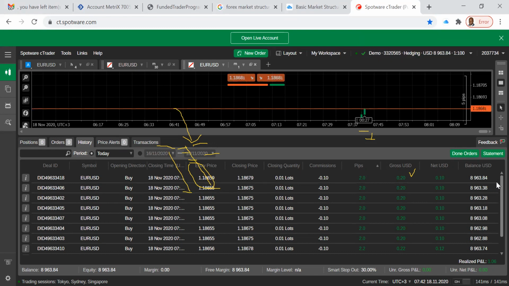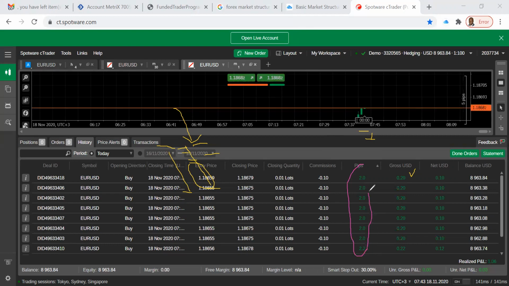And that's why I keep saying that it takes care of the spread matters. If you set up your trades properly, ideally it should give you averagely 2 pips. Look at that. With the exception of the last one, everything there is exactly, precisely 2 pips.